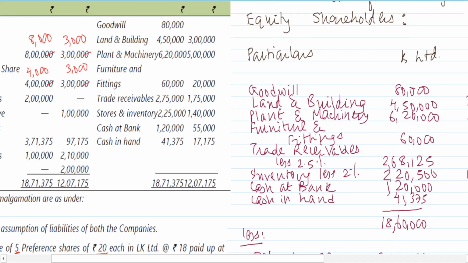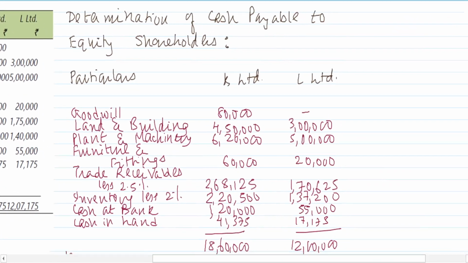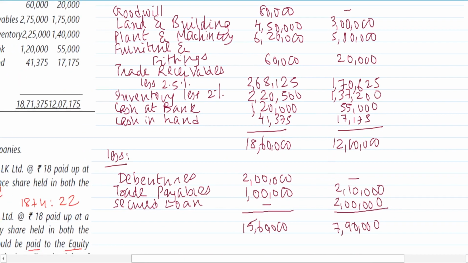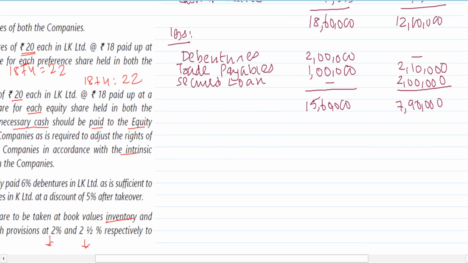But our intention of doing this working is to get the cash payable to the equity shareholders. So from this, we should now deduct what we are going to pay to the preference shareholders. So we say less payment to preference shareholders.